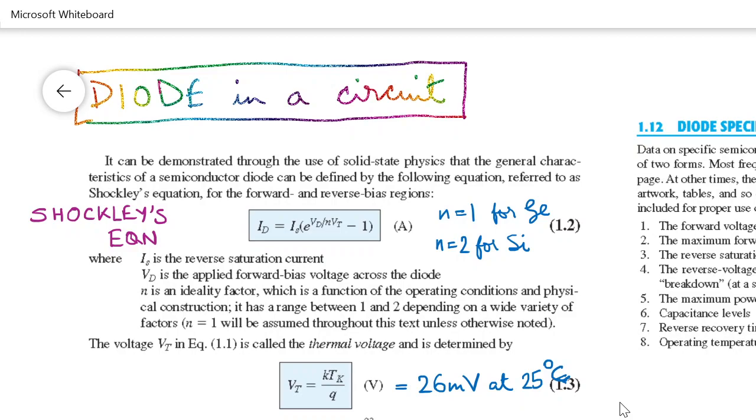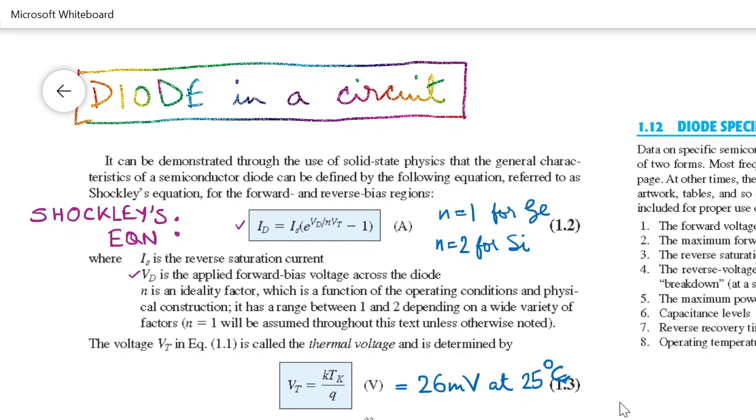What does it give? It gives the relationship between the diode current ID and the diode voltage VD. We are giving a certain voltage across the diode, that is the bias voltage.